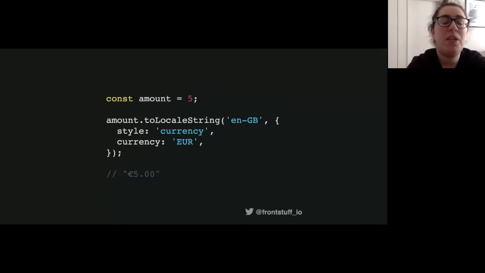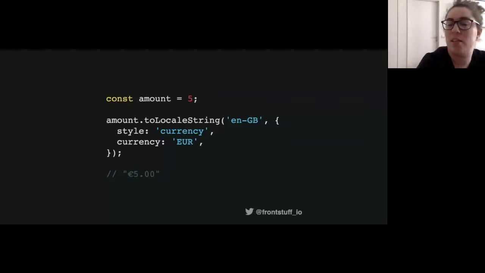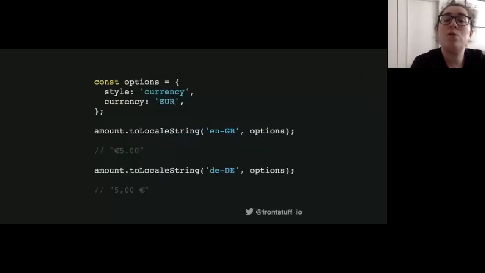So for example, here you have 5, and on every number you have this toLocaleString method. You can pass it information, and here it will return it in the right format with the euro sign, formatted as a price, as a currency. That's really nice. It also takes a locale to decide what style to format the object with.